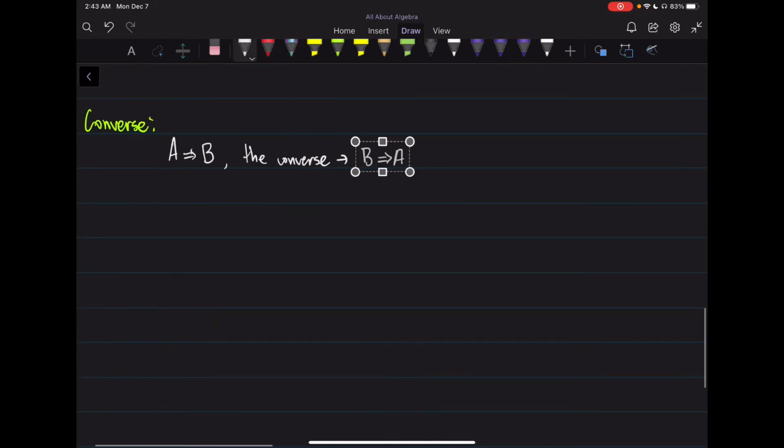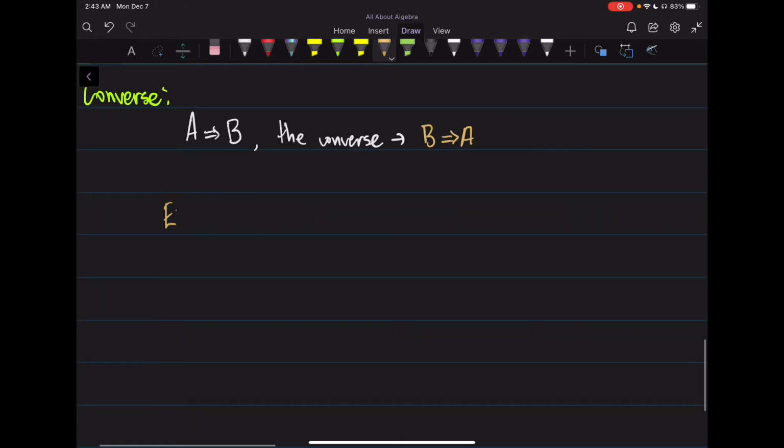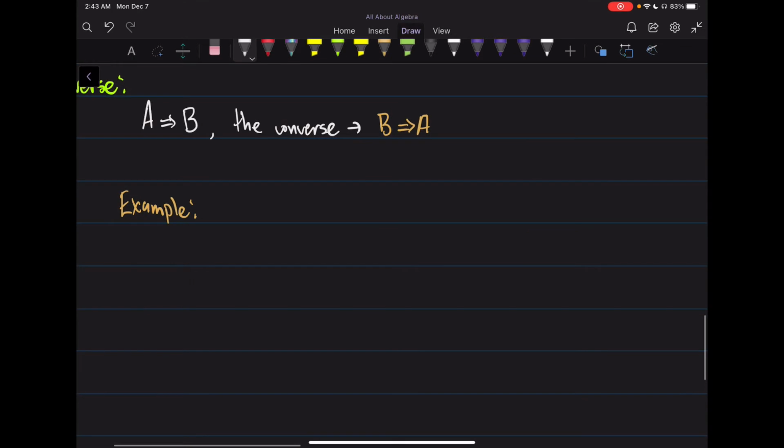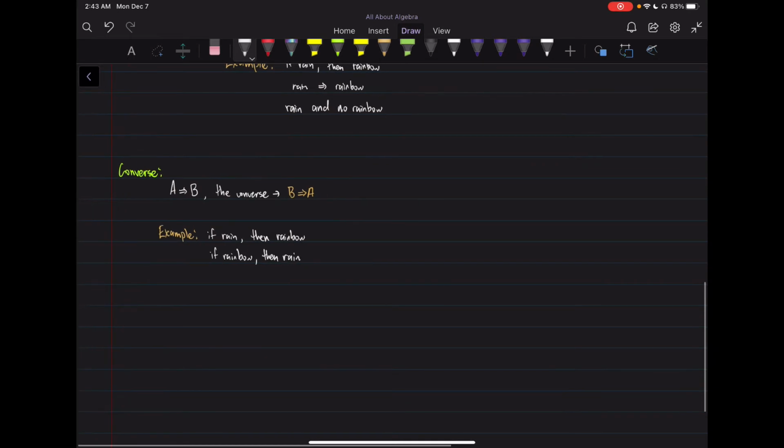So again, applying it to our example. We get that if rain, then rainbow. And flipping this, we get if rainbow, then rain, right?